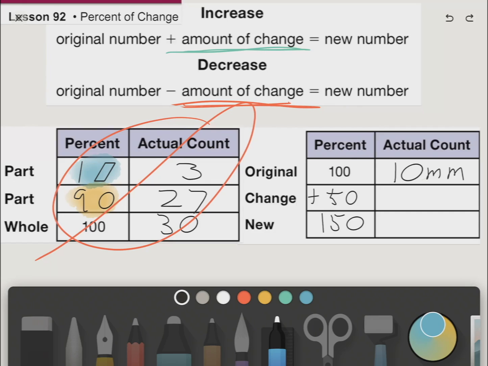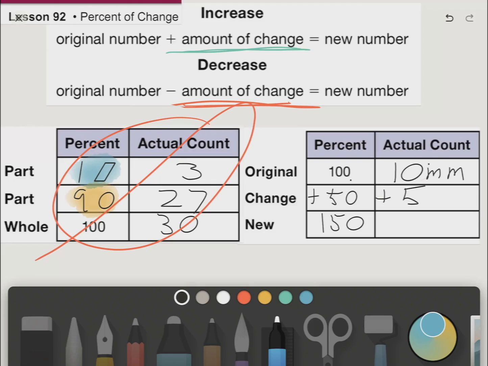Now, one way I thought to quickly do mental math using the change is we could just say to get a 50% change, multiply that 10 by 0.5, five tenths, or 50 hundredths.